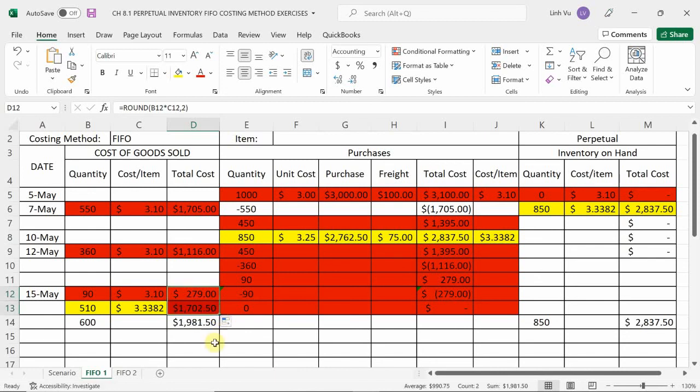$1,702.48. 702.48. So in this case, you need to keep going with your decimals. It should be rounded to, it's like 49 point something.